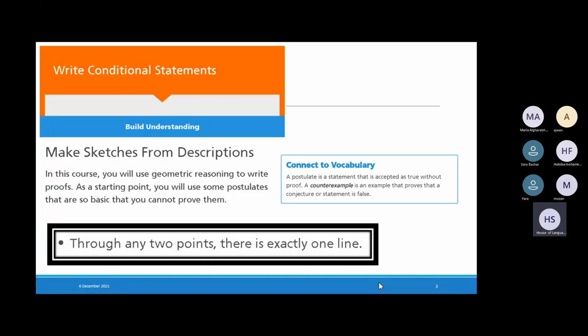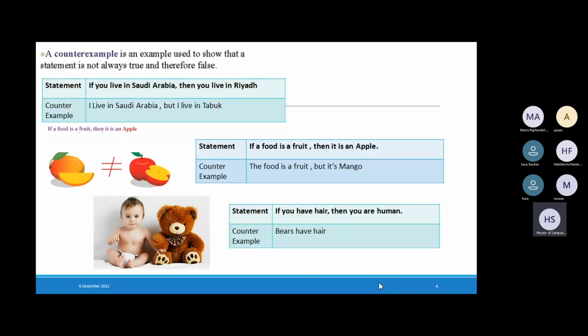Later on we will talk about more examples for the postulate in geometry. But let's talk about the counter-example. A counter-example is an example used to show that a statement is not always true and sometimes could be false. Like these examples here. One of them, as I told you: if you live in Saudi Arabia, then you live in Riyadh.